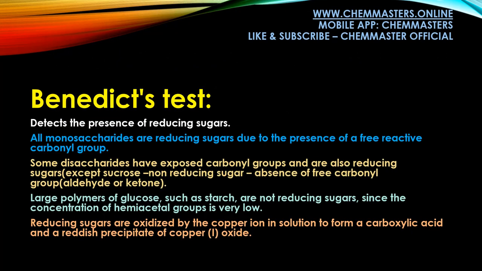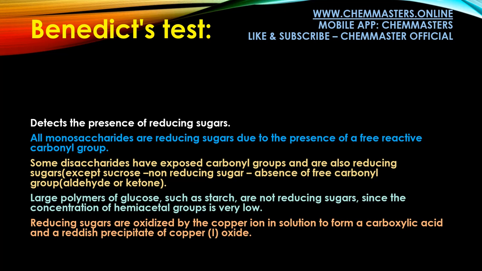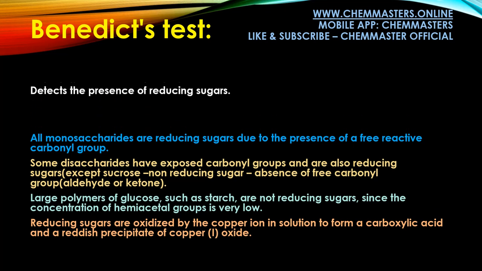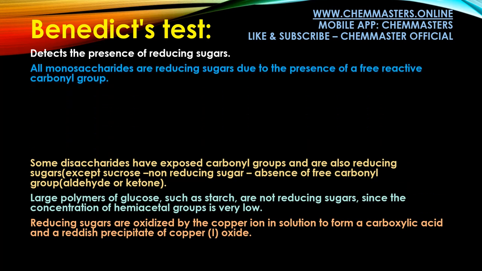Now the next one is the Benedict test. The Benedict test detects the presence of reducing sugars among the carbohydrates. All monosaccharides are considered reducing sugars because monosaccharides have a free reactive carbonyl group.